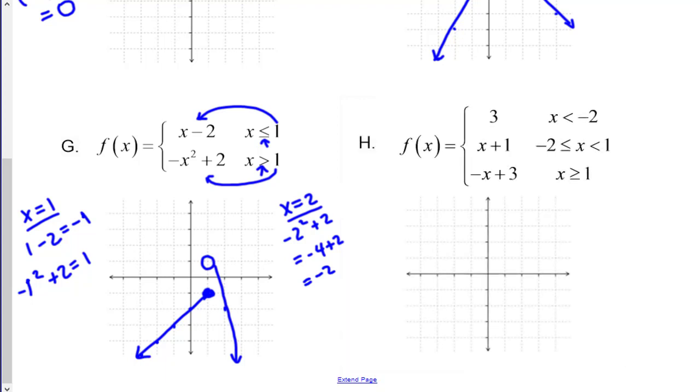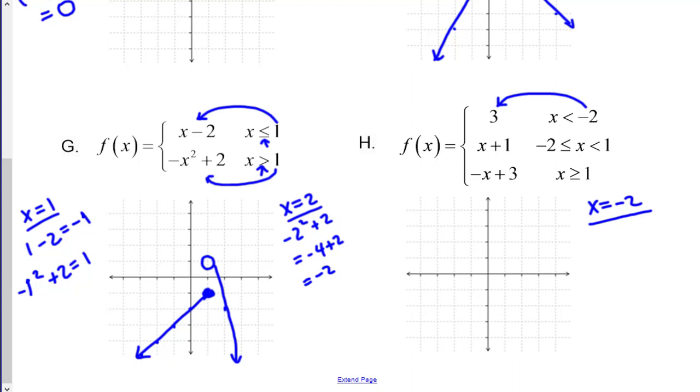All right, one last one. I've got 3 functions, and no different really. You're going to do the process that I gave you basically 2 different times. So you're going to start off with the first boundary point, which is negative 2. If you plug negative 2 into this function, obviously it's just 3. There's no x values to substitute in.